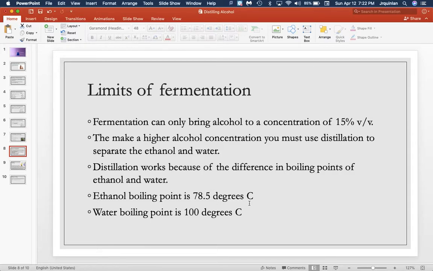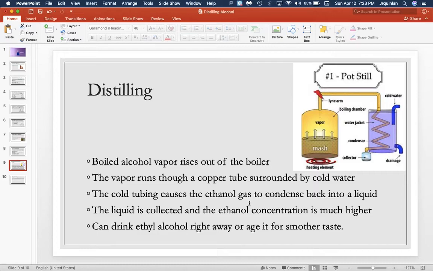So what you want to do is put the mash that you have together, which is the ethanol and water together, and heat it to approximately 78 to 79 degrees Celsius so that all that gets converted into vapor is the ethanol and the water's left behind.